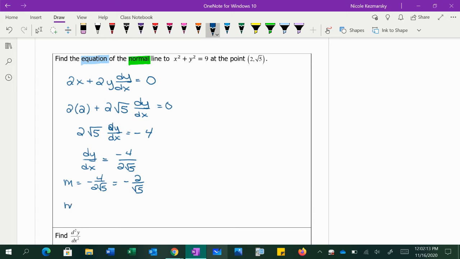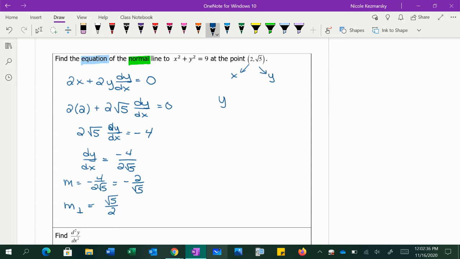But I want the normal slope. So I'm going to say the perpendicular slope is going to be the opposite reciprocal. So I'm going to flip my fraction, make it square root of 5 over 2, and it's going to become positive instead of negative. So there's our slope. Here we have our x and our y.